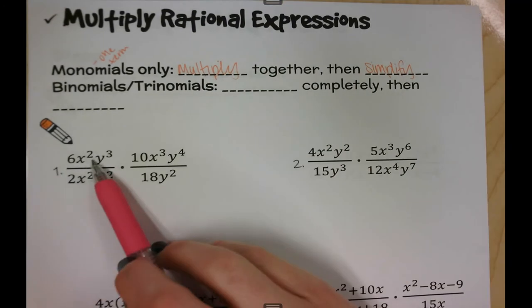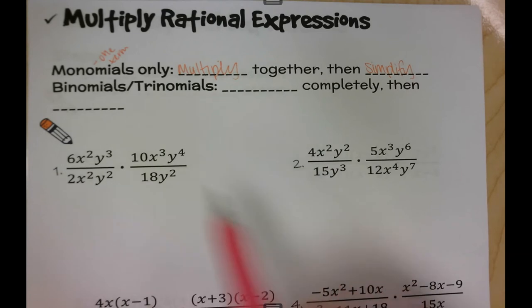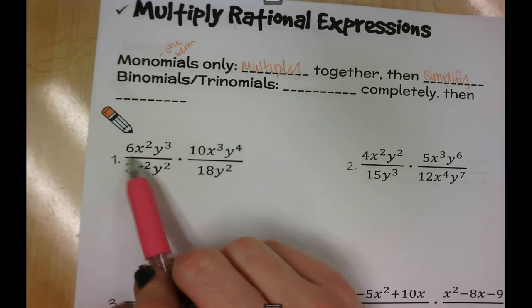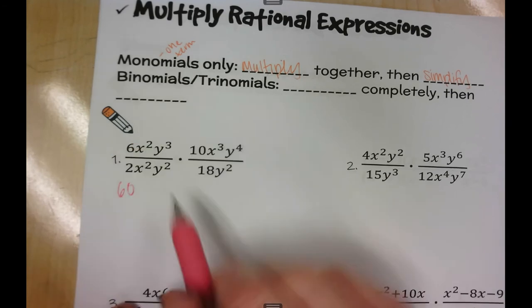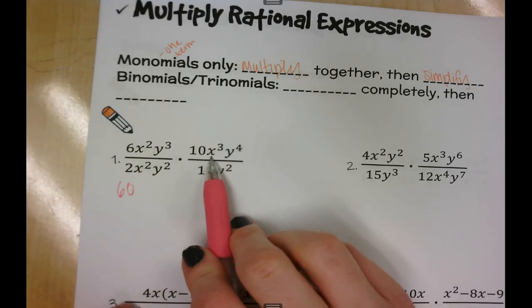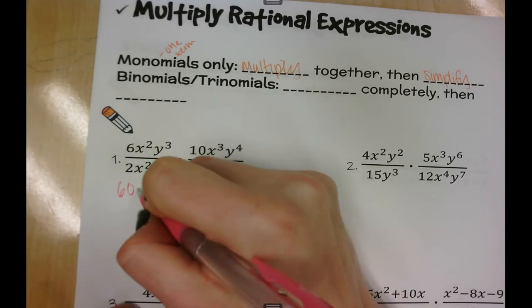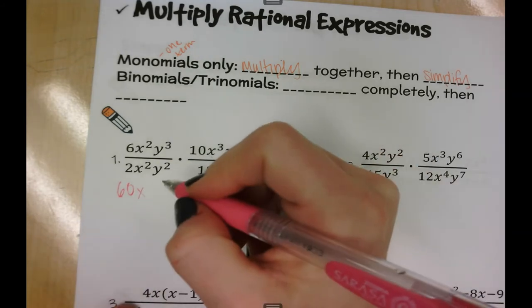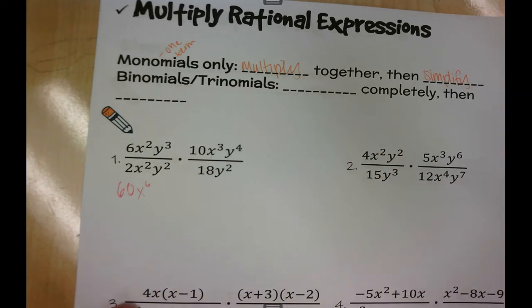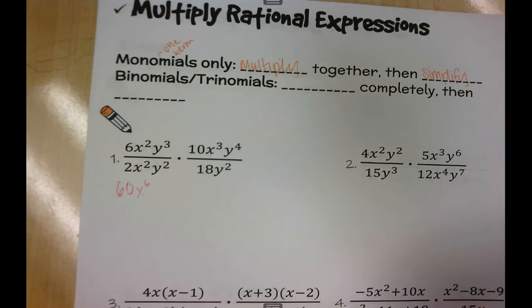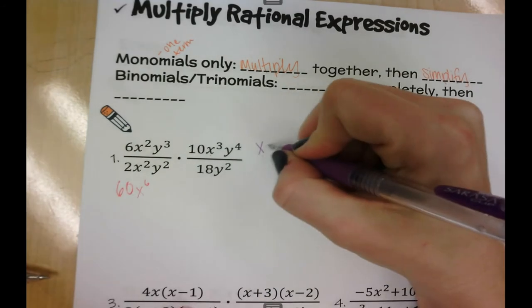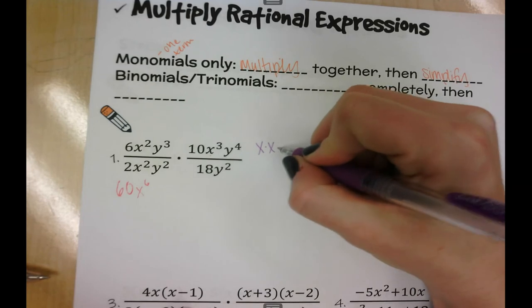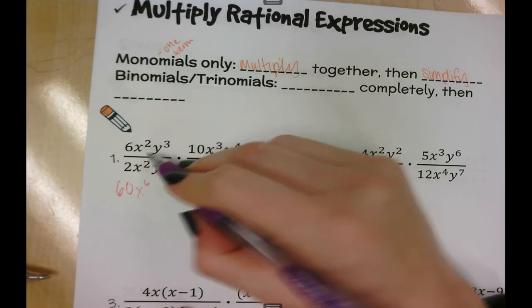I know that these are monomials because there's no adding or subtracting anywhere. So multiply together. 6 times 10 is 60. X squared times x to the third is x to the 6. Whoa, how did I get that? Back up. Remember, x squared really means 2 x's, right? 2 x's.